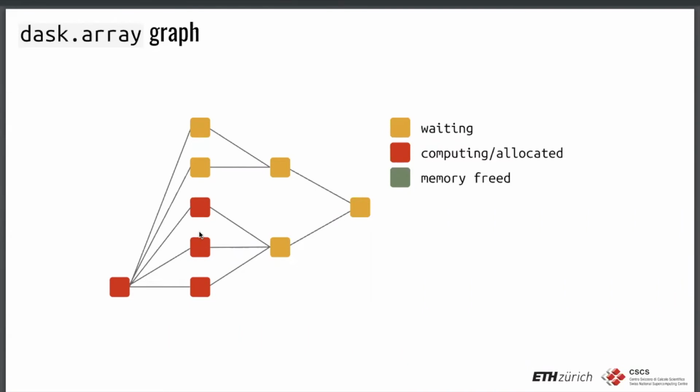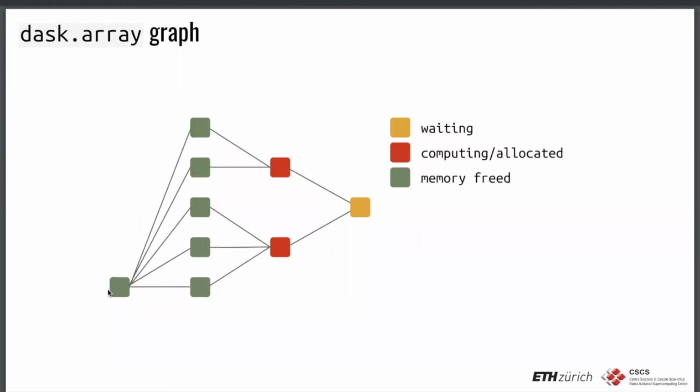It will compute them, get the value from them, and free all this memory. And now read this part, compute the next node of the graph, and release memory. And now at this point, everything on the disk can be released.